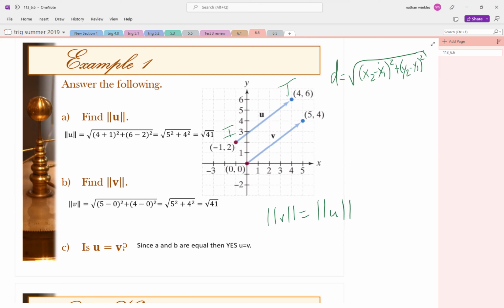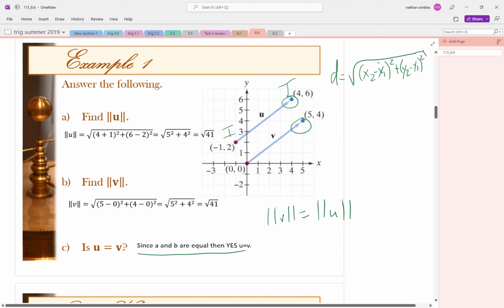So we know they have the same length or magnitude. We know they're in the same direction because we see our arrows. So therefore, is u equal to v? Yes, because part A and part B are equal, and we're in the same direction.